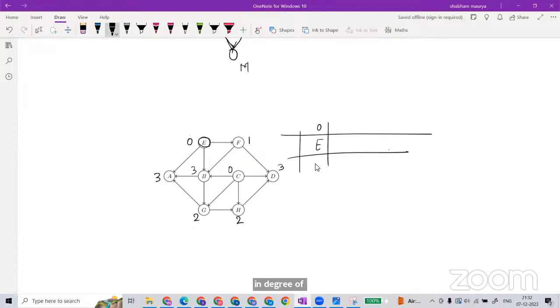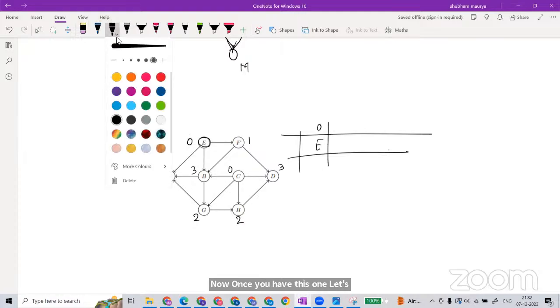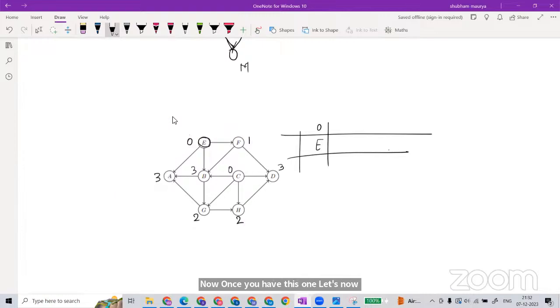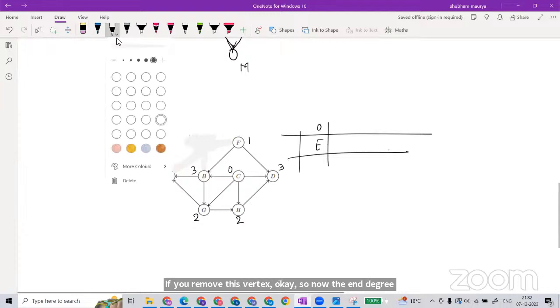Now once you have this one, after sorting, let's remove that. If you remove this vertex, then the in-degree will be reduced for the other vertices.